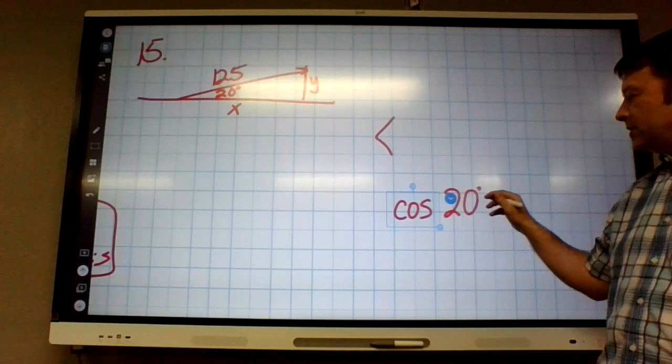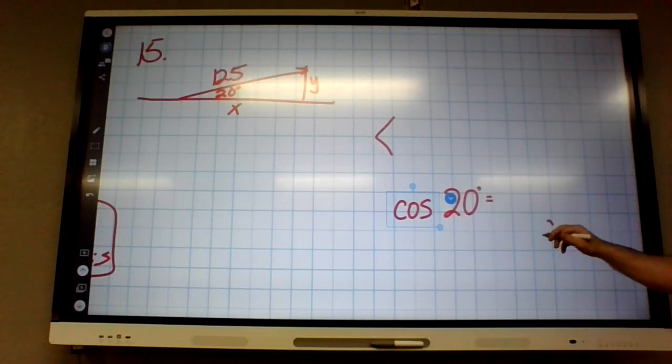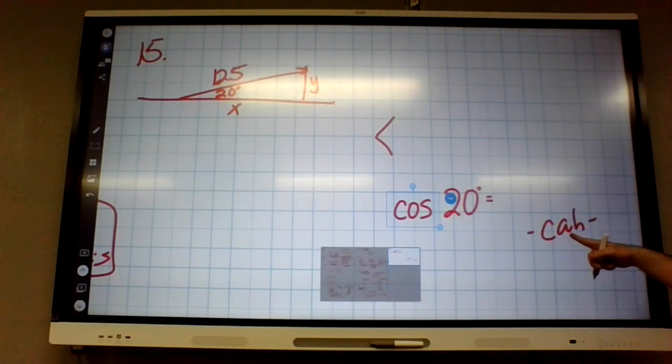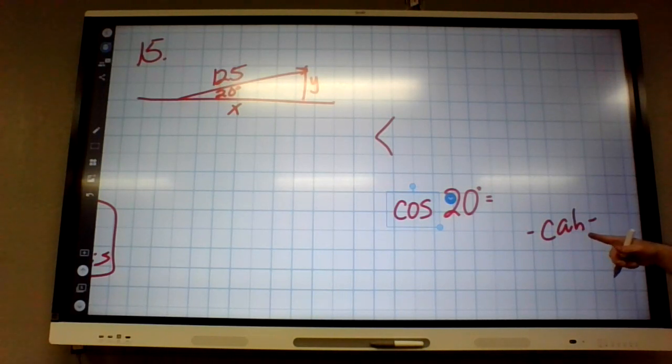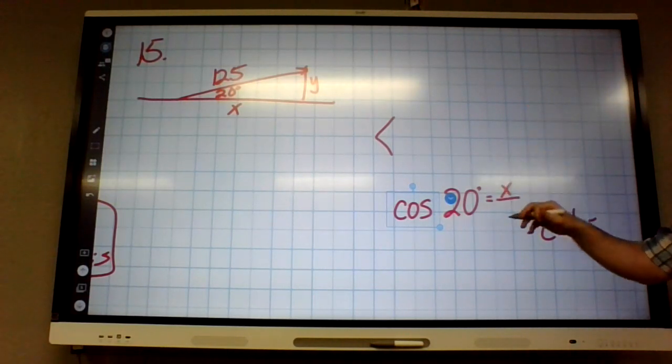Equals. So on the SOHCAHTOA thing, cosine is equal to adjacent over hypotenuse. So what goes on top? The adjacent, which is x. And then the hypotenuse will go on the bottom.